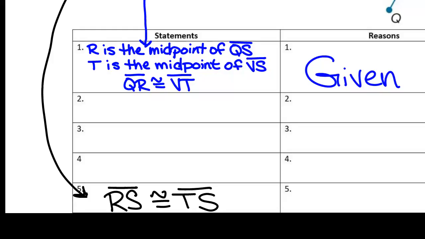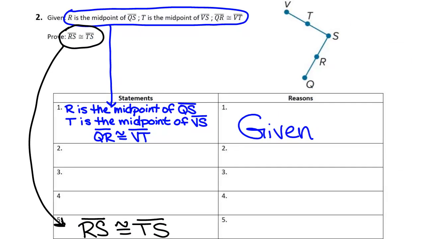Alrighty. So let's use this given information now. It says R is the midpoint of QS. Well, if I know that R is the midpoint of QS, what else can I say about this? QR and RS, they are congruent. I could say that.